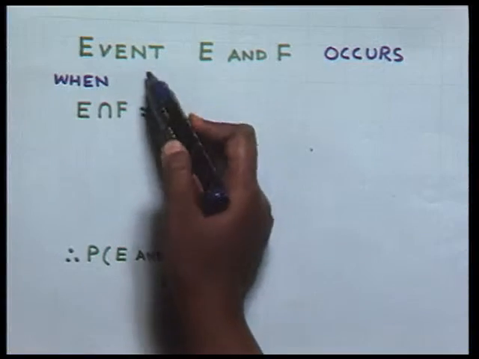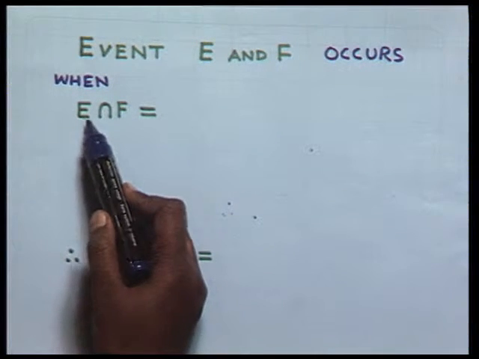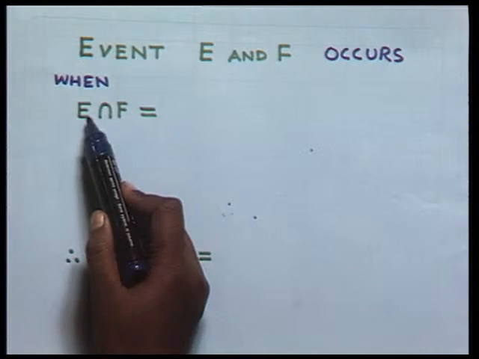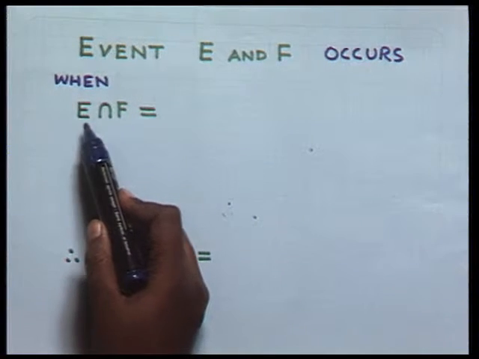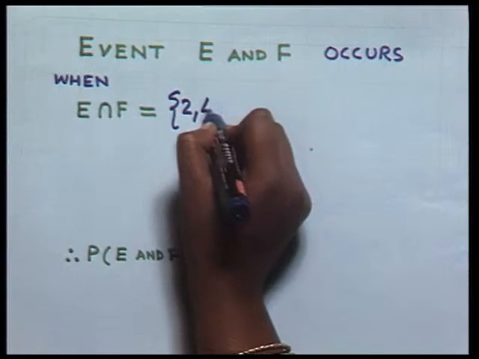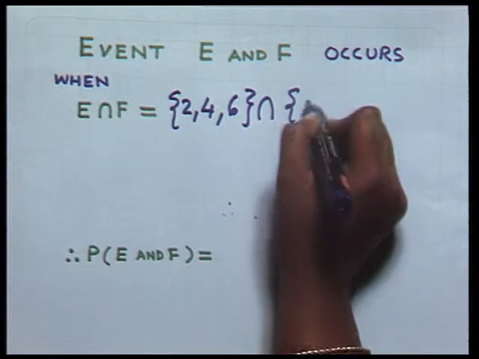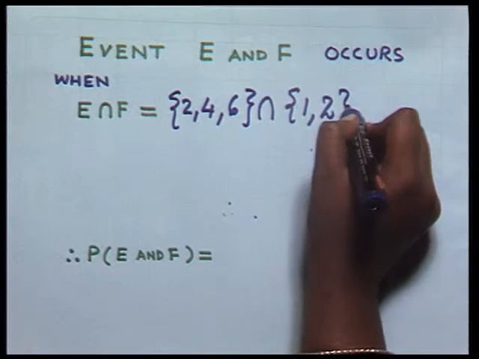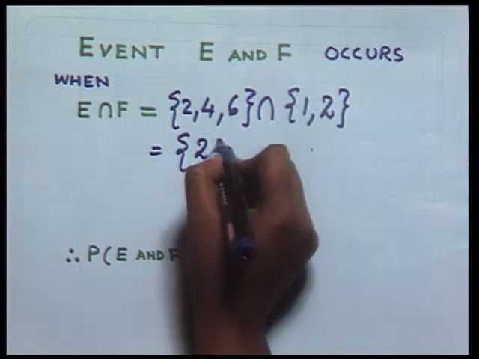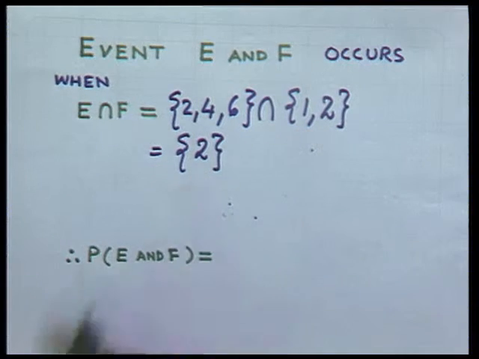So, event E and F occurs when the event E occurs as well as the event F occurs, and therefore, the subset for the event E and F is given by E intersection F, which is 2, 4, 6 intersection 1 and 2, which is equal to 2, because the common element in these 2 sets is 2.